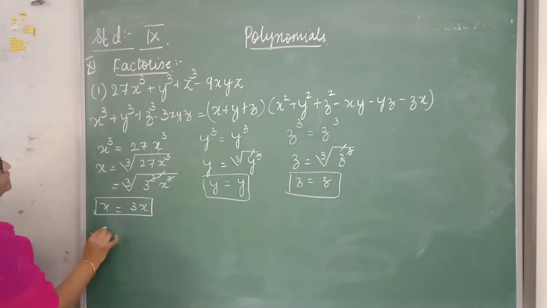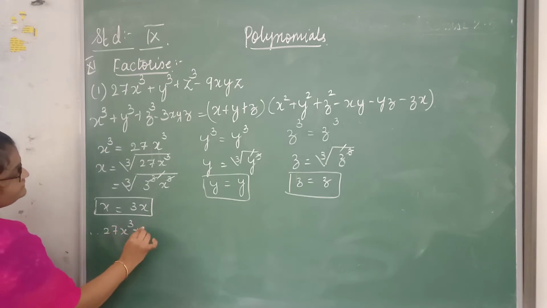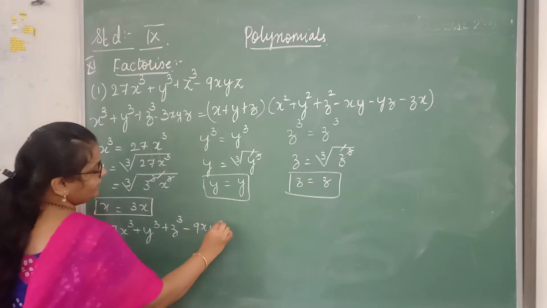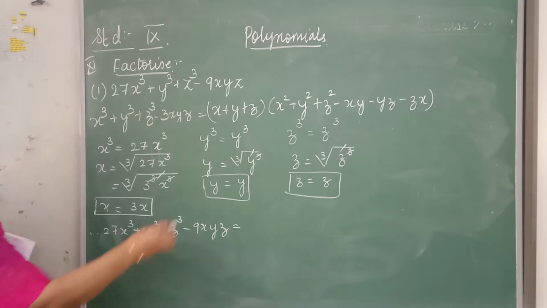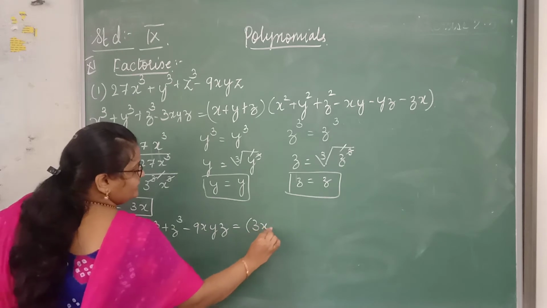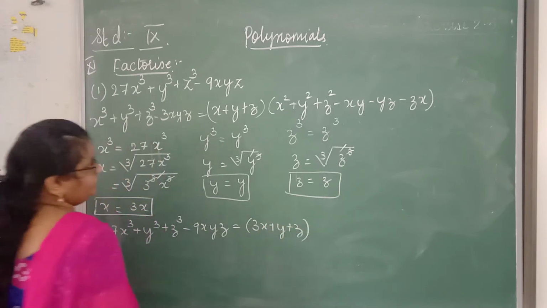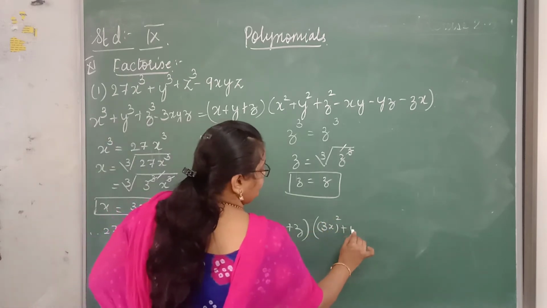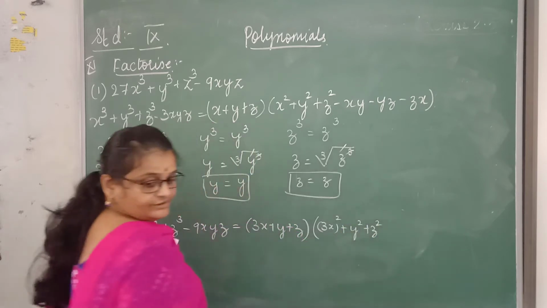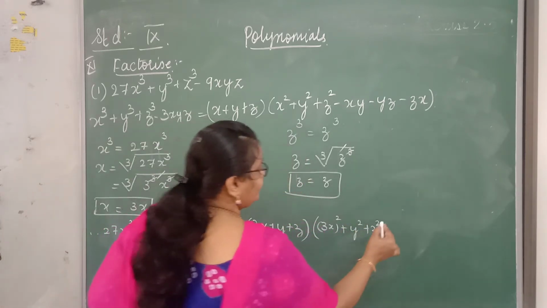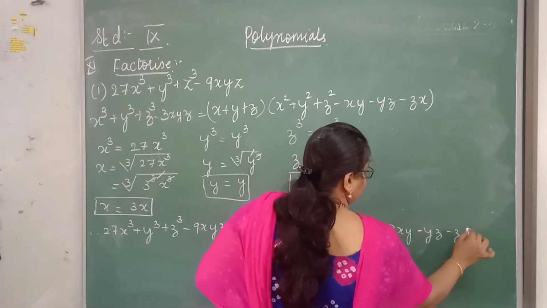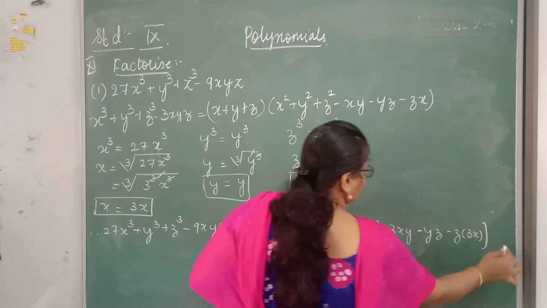So therefore 27x cube plus y cube plus z cube minus 9xyz is equal to, according to the formula, x plus y plus z. x is 3x, plus y plus z into x square, that is 3x whole square, plus y square plus z square minus xy, that is 3xy, minus yz, then minus zx, that is z into 3x.